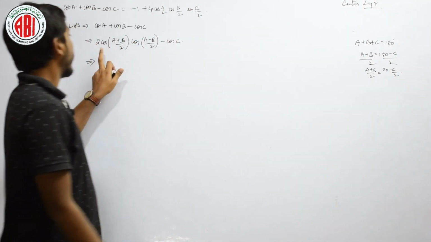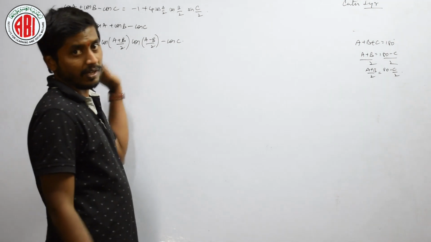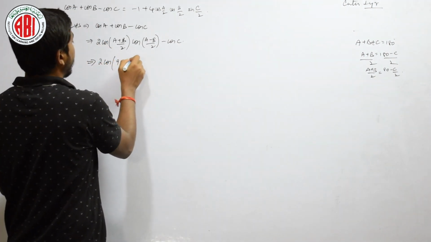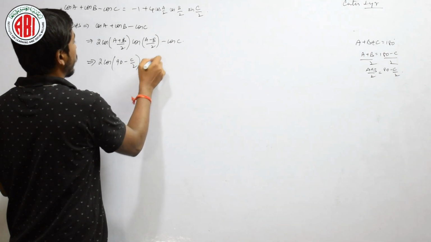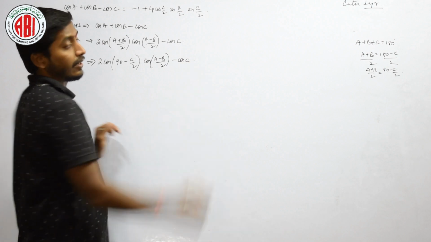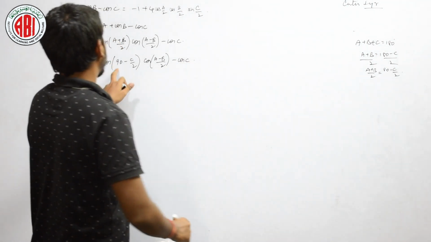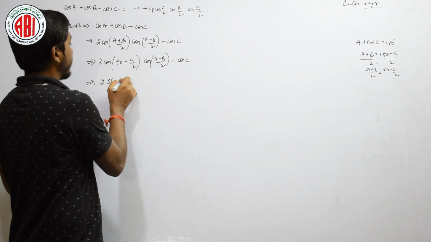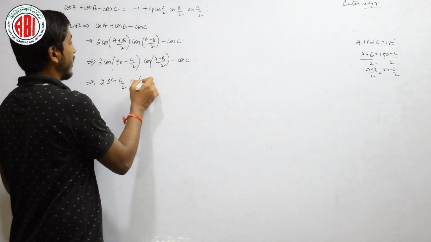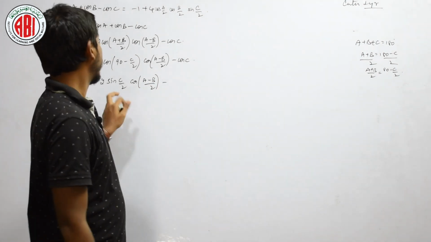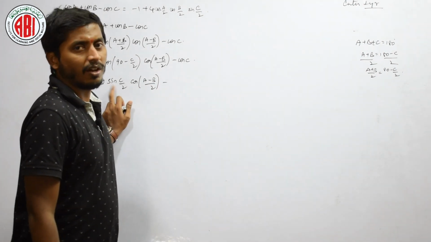Instead of A plus B by 2, I can write 2 cos of (90 minus C by 2) into cos of (A minus B) by 2. The next step: what is cos of 90 minus theta? That is nothing but sin C by 2. Then do we have any formula for sin C by 2?